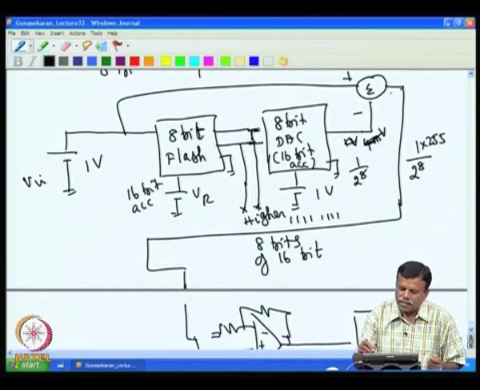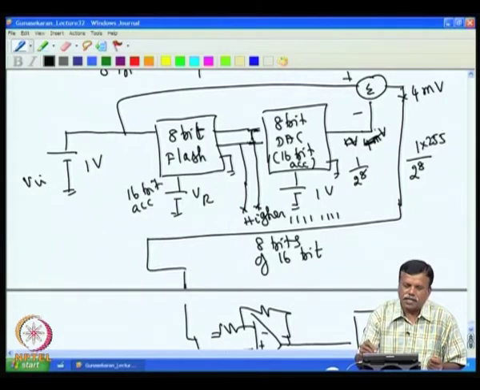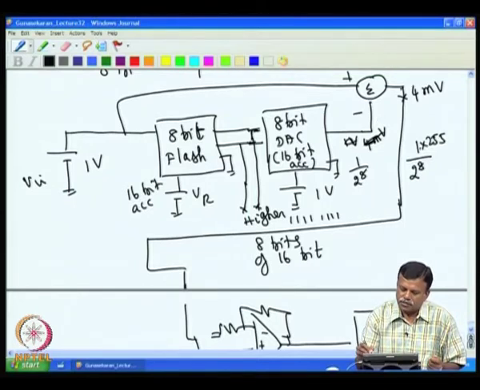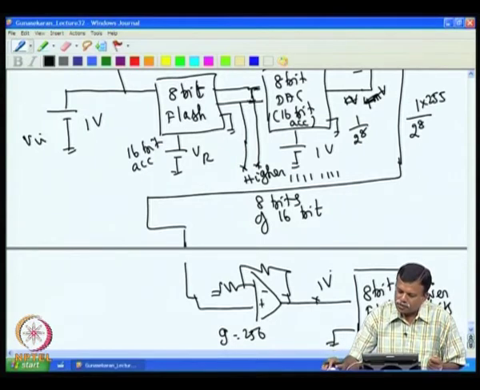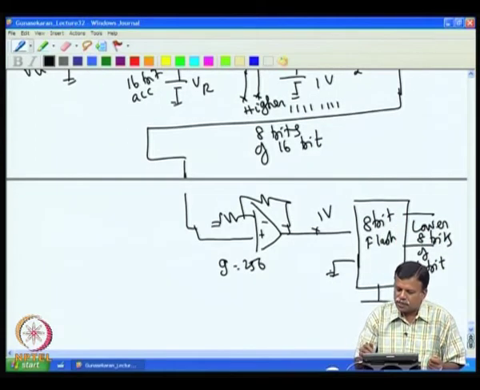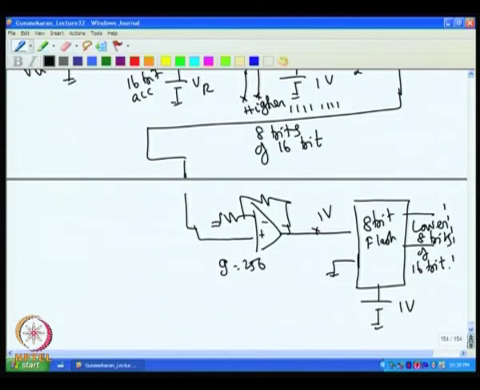If we take this, the difference will come here as 4 millivolt, because even with all bits high, you are not going to get 1 volt; it will be 1 in 2 power 8 into 255, which gives you an error of 4 millivolt. This 4 millivolt is amplified by 256 and that gives you 1 volt. Now, this 1 volt will be digitized by this converter, and then you will get all 1s, all 8 bits will be 1.